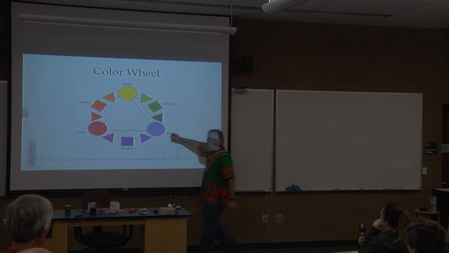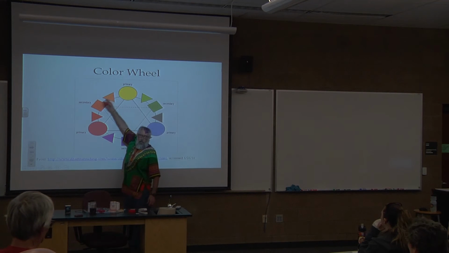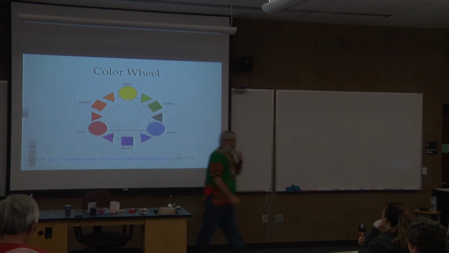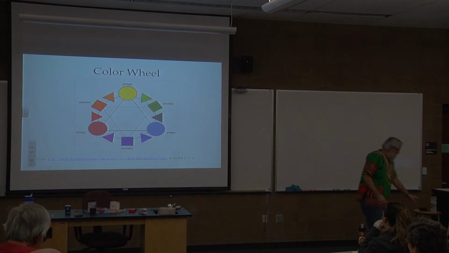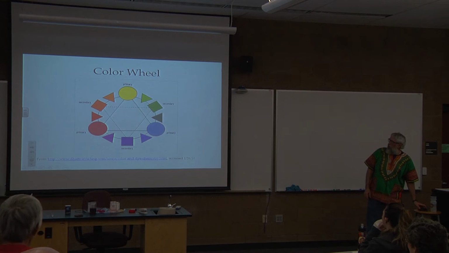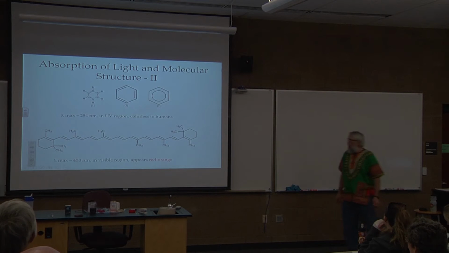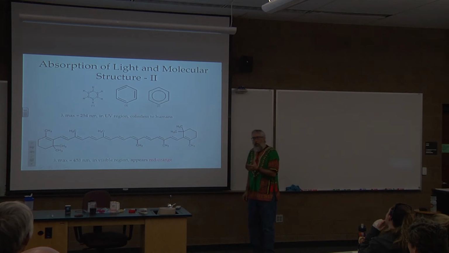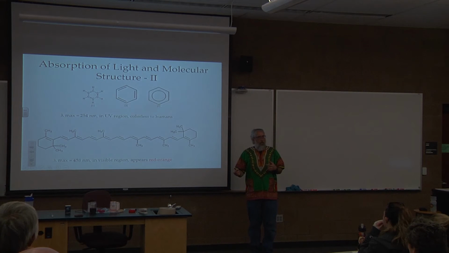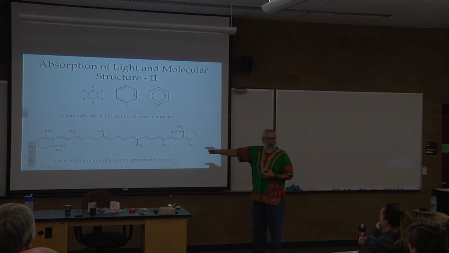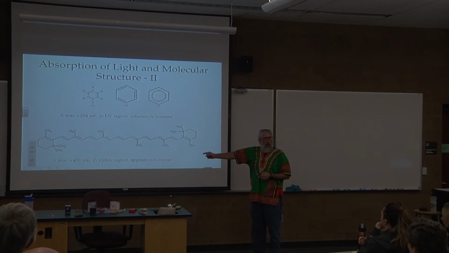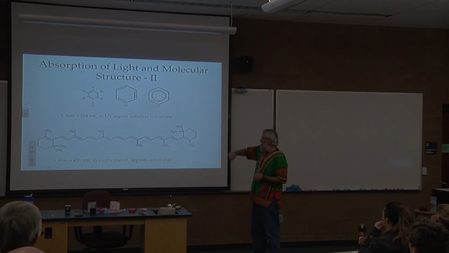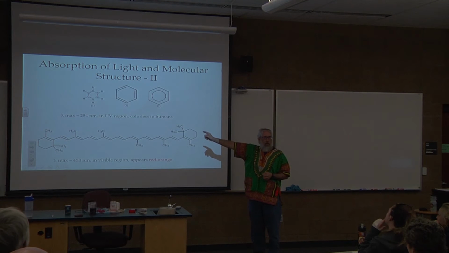So if it absorbs in here, then we see this color. Carotene absorbs in the visible region because it has a more extensive conjugated system. There are 11 double bonds in conjugation here in carotene, as opposed to only 3 in benzene.